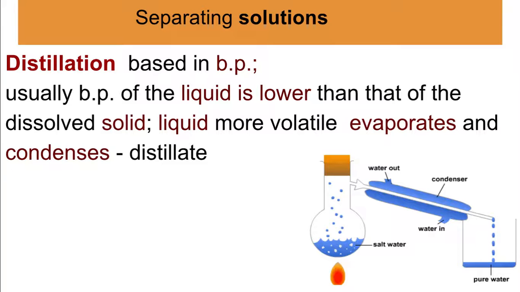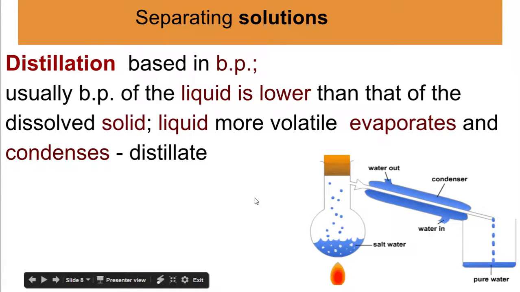In a situation when we have a solution of a solid with a liquid, we use simple distillation. So in this round bottom flask, we have salt water, we heat it, and the water vapor is going to come up, go through a condenser, condense, and pure water is going to be gathered in this beaker. And the salt is going to be left here. This is a simple distillation.